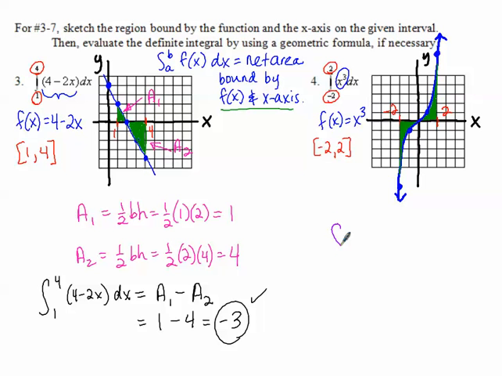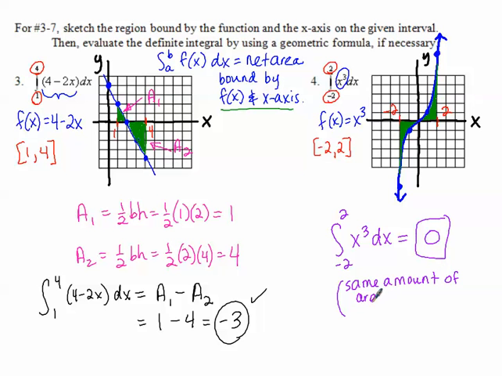So they would subtract and make 0. So our definite integral from -2 to 2 of x cubed dx is 0, because the area above is the same as the area below.